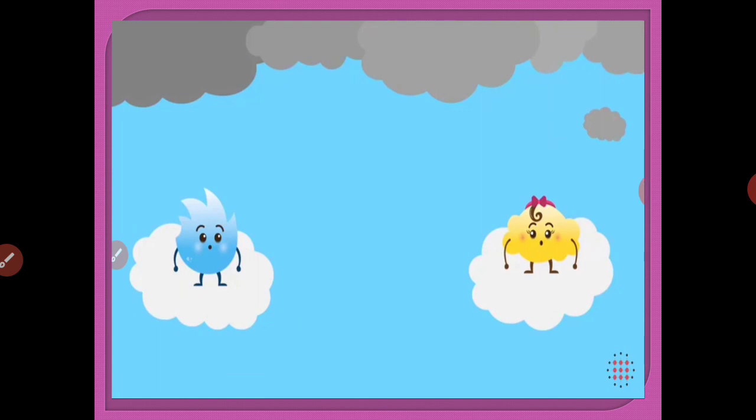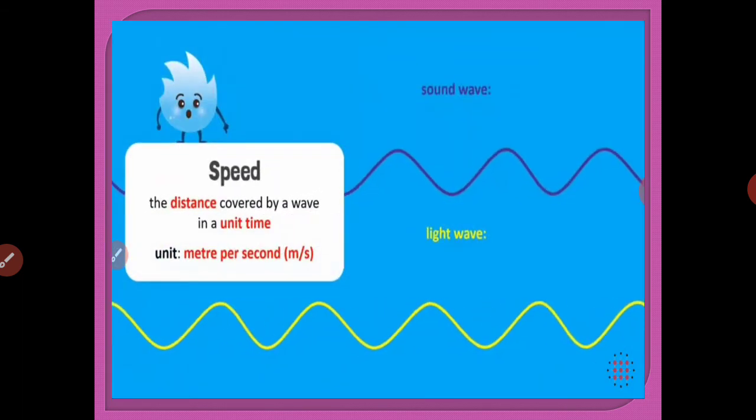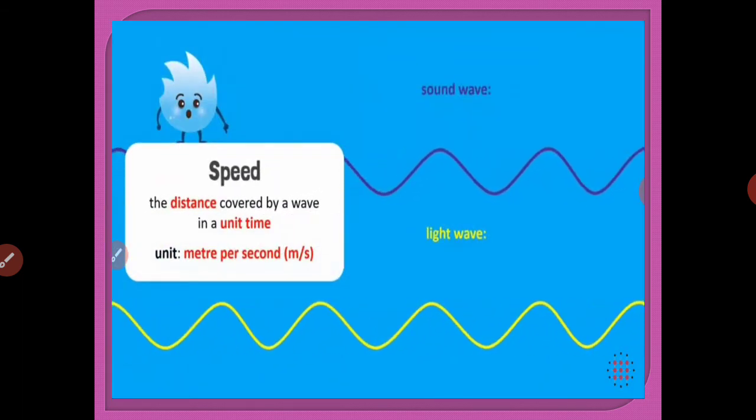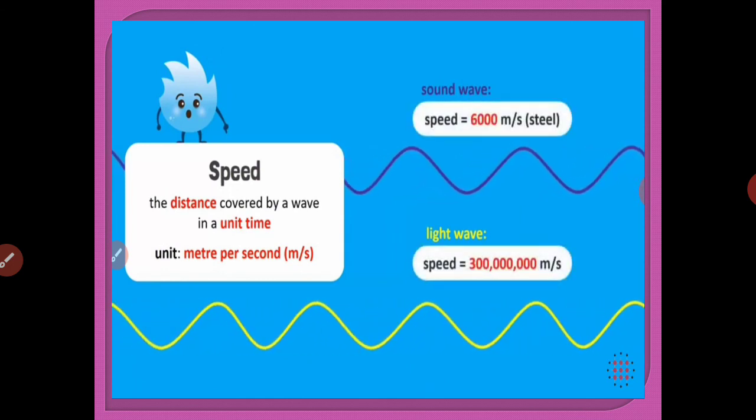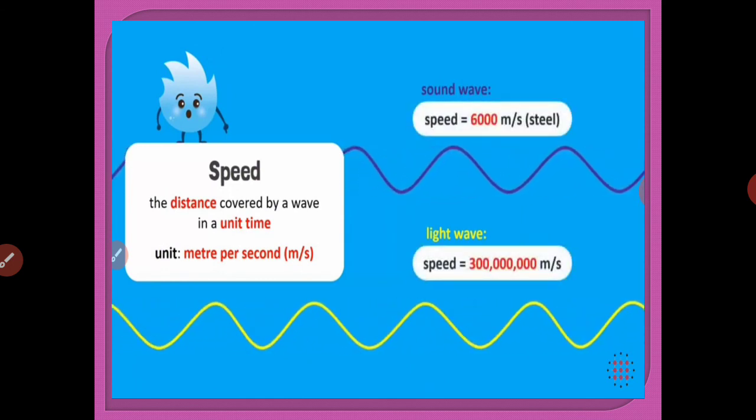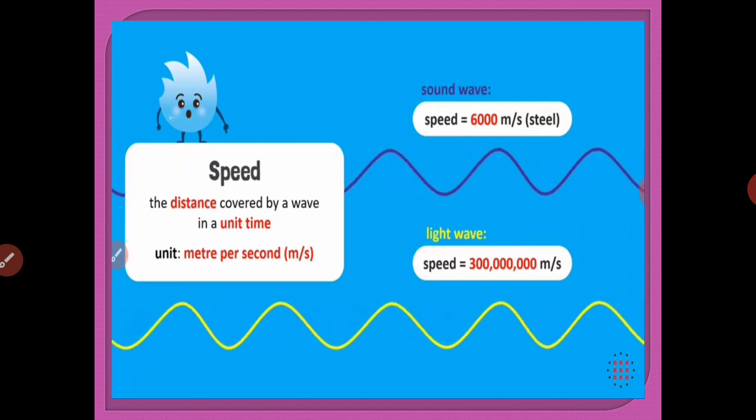First, we will see the flash of lightning, and a few seconds later, we will hear thunder. But why do we see lightning first? This happens because both light and sound are waves that travel at different speeds. Light waves travel faster than sound waves. So, we see the light before we hear the sound.